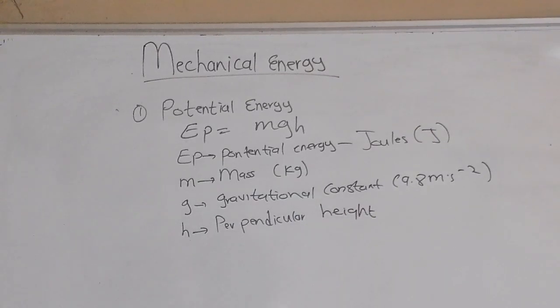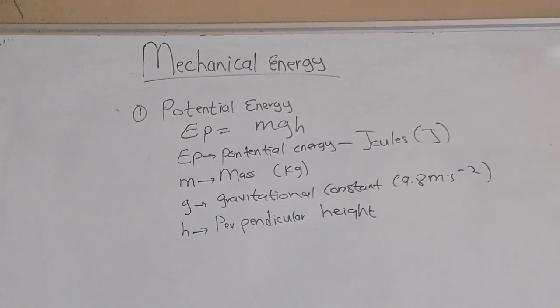All right, now EP equals mgh. We have EP as potential energy measured in joules, mass measured in kg. What about g? It is the gravitational constant of 9.8 meters per second squared.